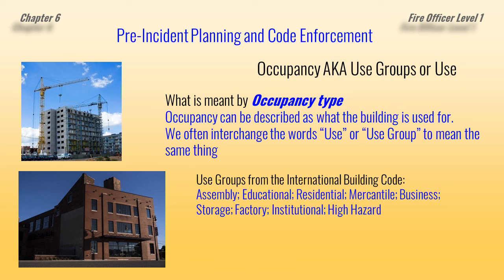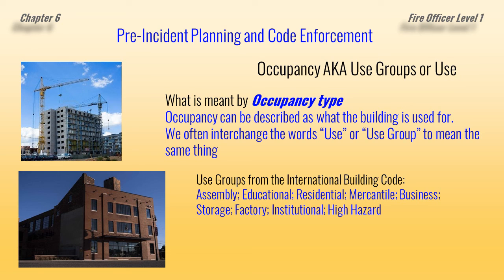And again, all these occupancy types require different types of construction, and based on the occupancy, they may require specialized fire suppression systems. They may require sprinkler systems. They may require fire alarm systems. So all this is determined on the use of the building, which then determines the construction type of the building, and then the height of the building and the area of the building are all dependent on the construction type, and then what type of fire protection systems you need in the building.